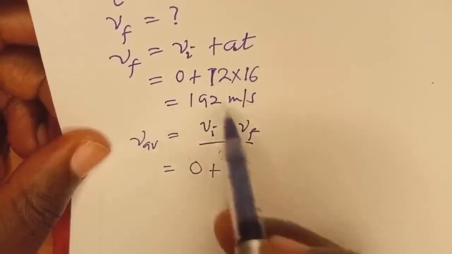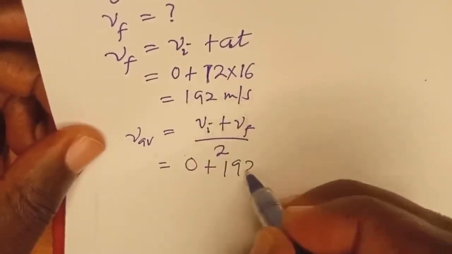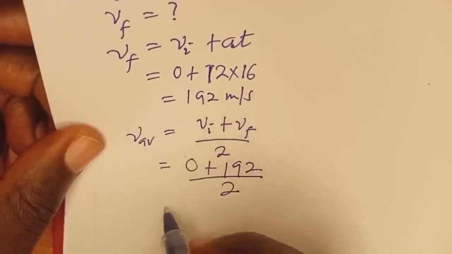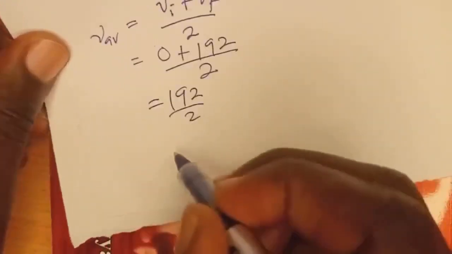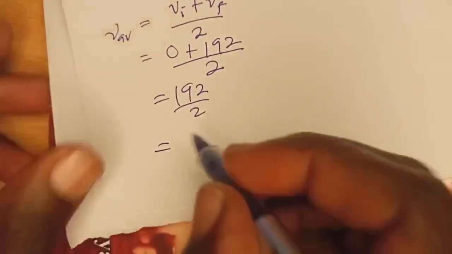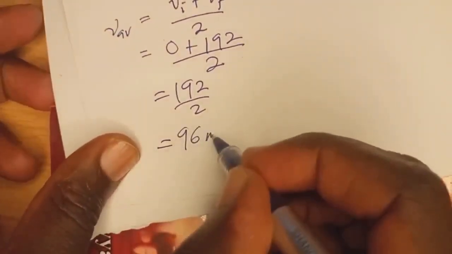We just calculated that, and we have 192 divided by 2. On the calculator, 192 divided by 2, and our result will be 96 meters per second.